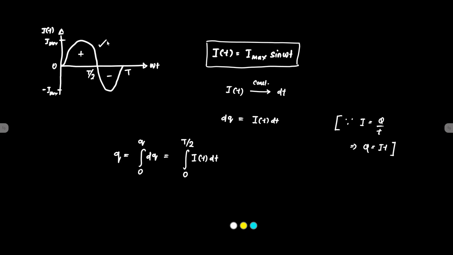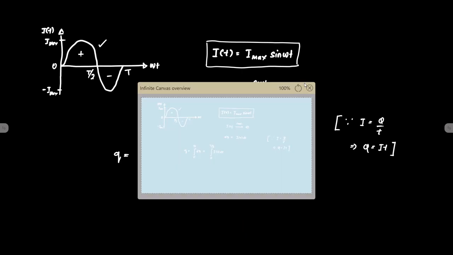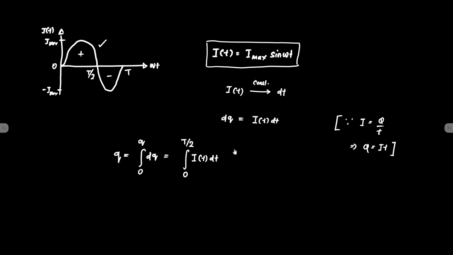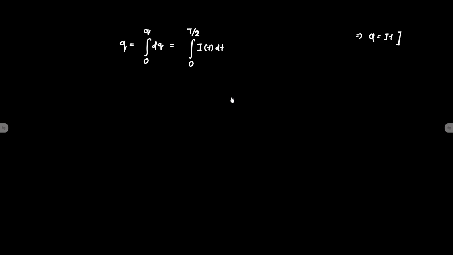So now we can write this as the integration from 0 to T by 2 of I max sine omega t dt.